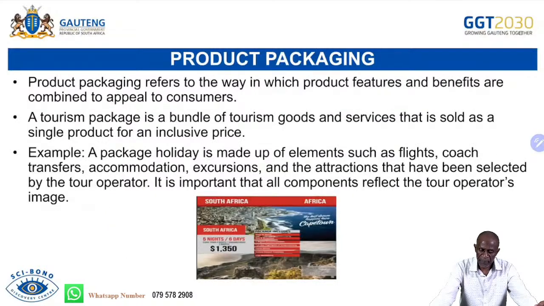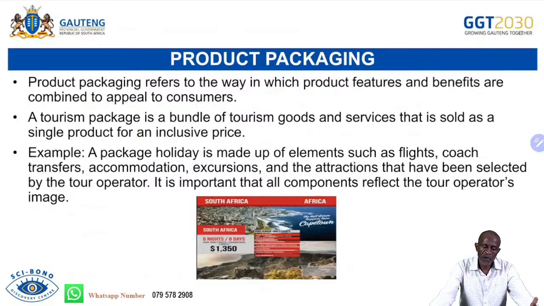The product packaging refers to the way in which product features and benefits combine to appeal to customers. A tourism package is a bundle of tourism goods and services that is sold as a single product for an inclusive price. A package holiday is made up of elements such as flights, coach, transfer, accommodation, and excursions.